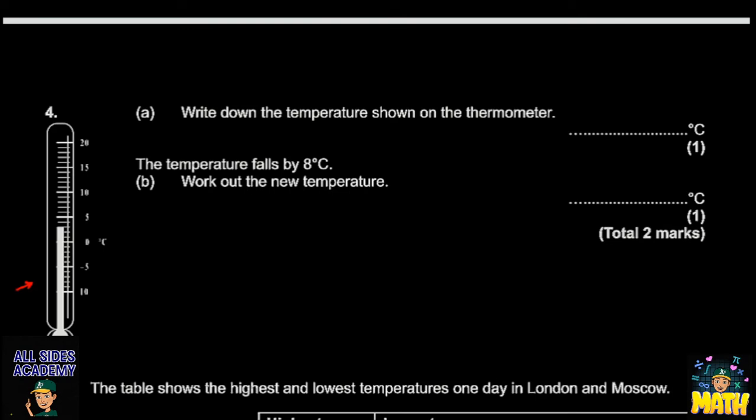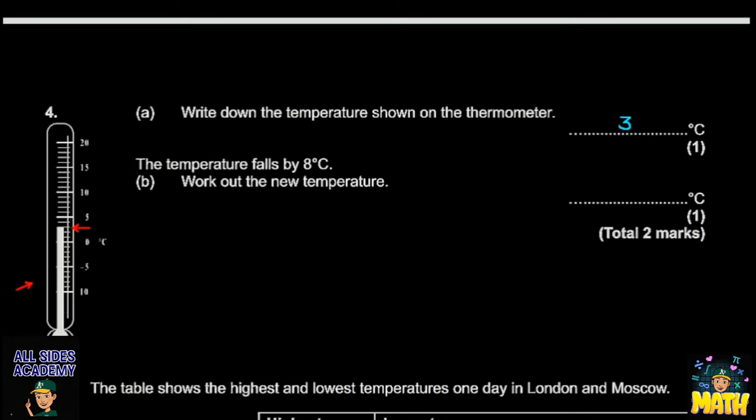So here we are given a thermometer and we are supposed to first find the temperature. So we need to read that. So when you try to read the temperature calibration, those are 3 steps. Yeah, so that is 3 degrees Celsius. The temperature falls by 8 degrees Celsius. Falling means we are going to subtract 8 from the original temperature.